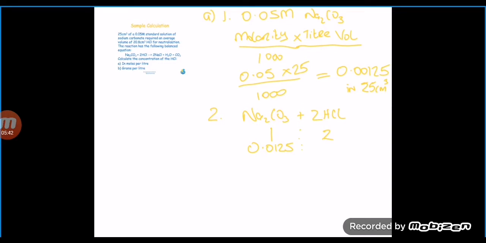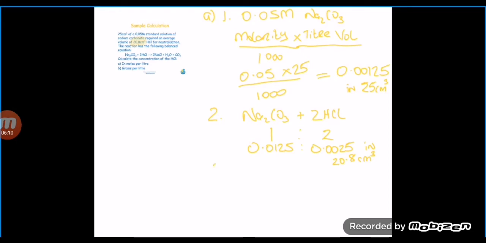So that means there will be twice as much hydrochloric acid, which gives me 0.0025 moles of the hydrochloric acid. Now that is in 20.8 centimetres cubed, because the hydrochloric acid has an average titration volume of 20.8 centimetres cubed, as I've just highlighted there in the question.